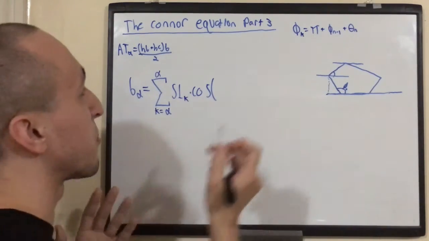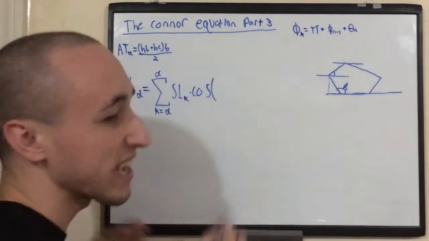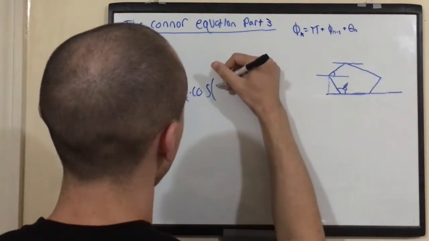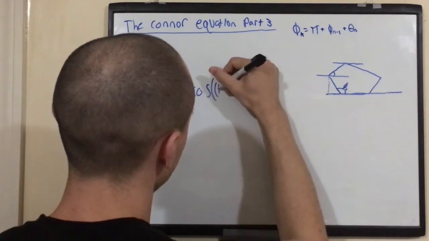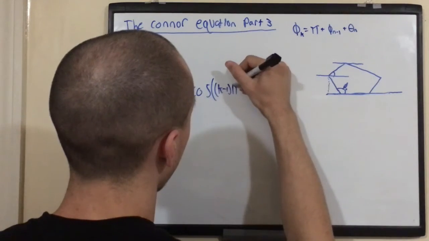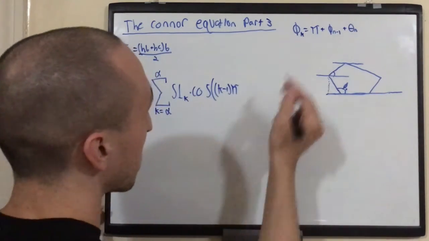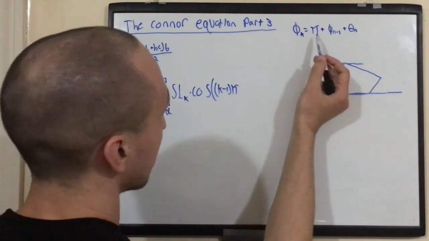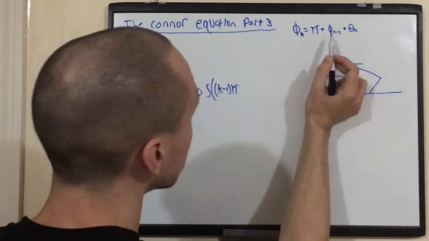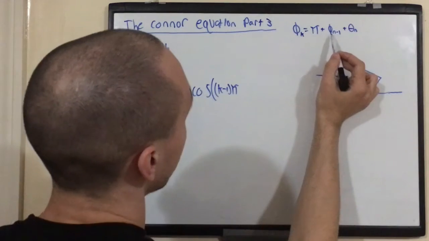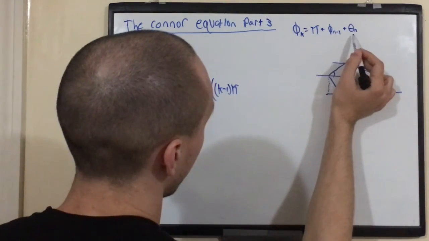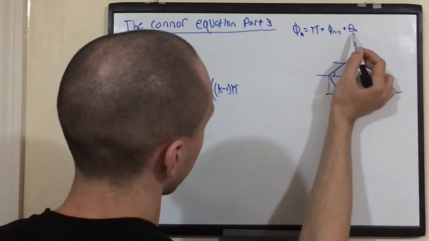Now, bear with me. Remember how I asked the question, what is phi K? This is what phi K is. We have K minus 1 times pi. Remember, phi is 180 degrees or pi, if we're dealing in radians, which we probably should, plus the previous phi, plus the interior angle.